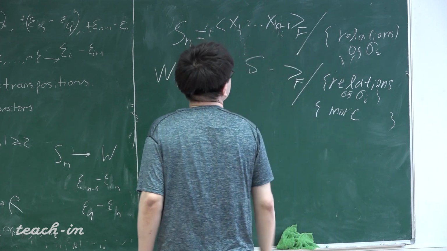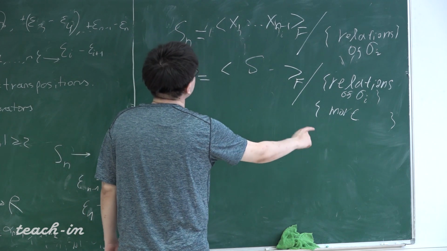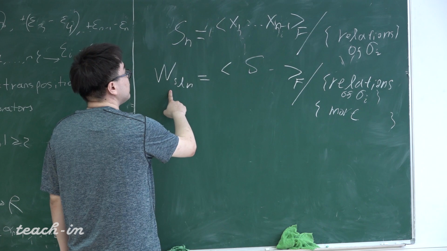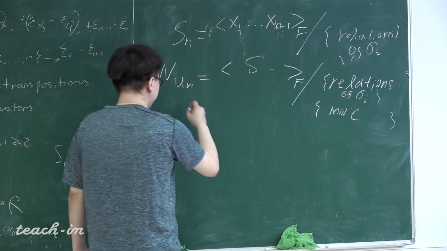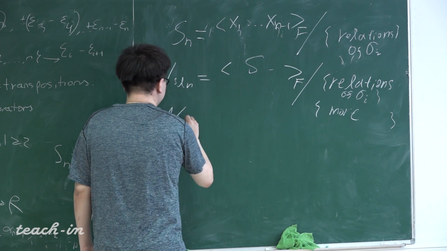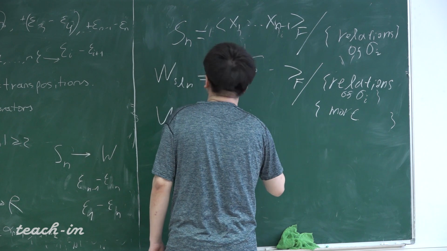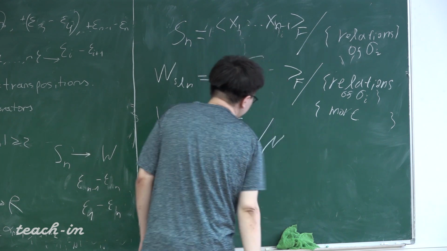But it means we have, but this more means this is actually some kind of coset. It's a quotient of Sn. Yes. Yes. And quotient by some normal subgroup.